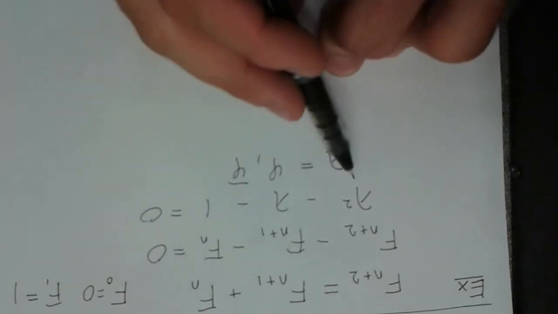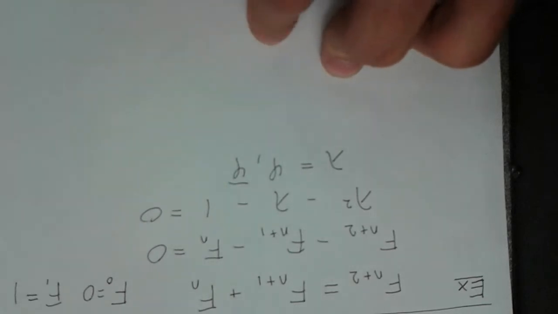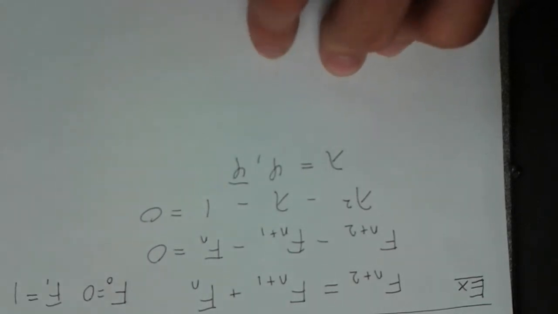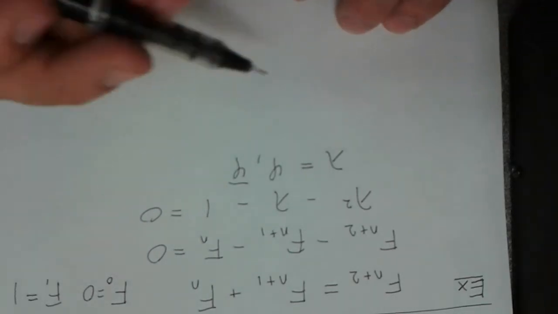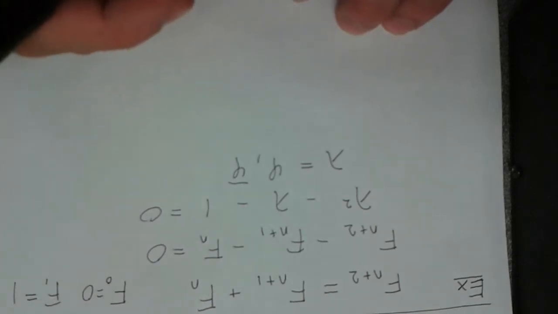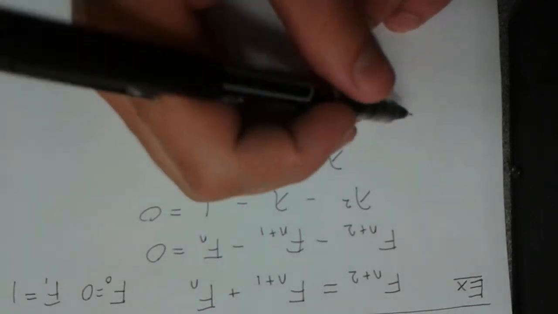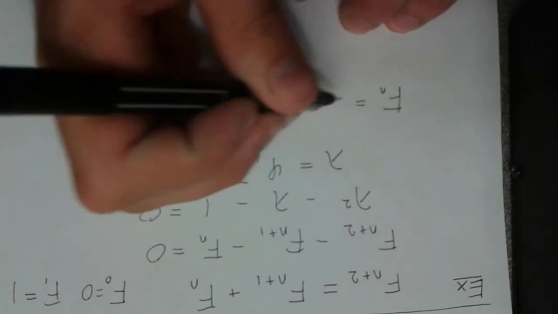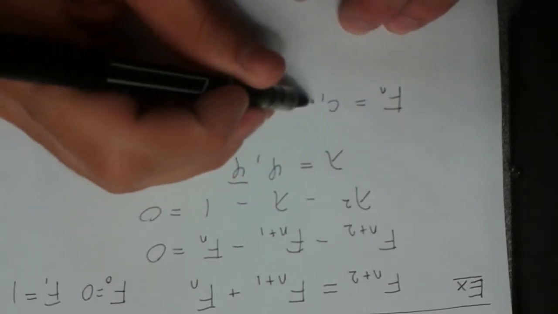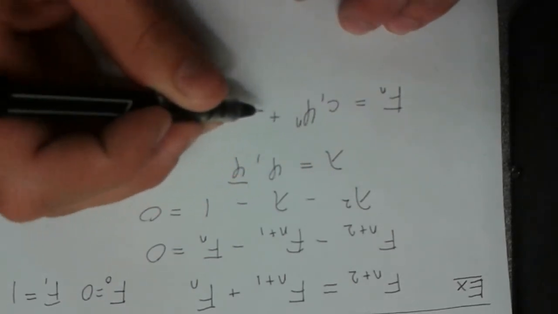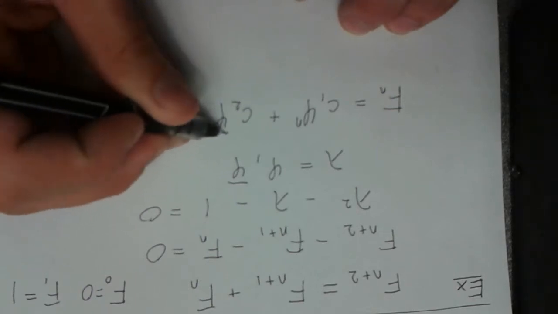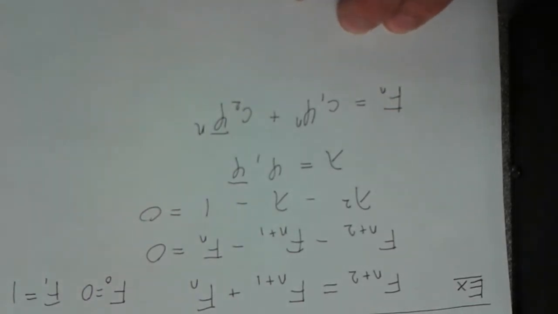And if you don't know what those are, they're just the roots of this equation. So they're just a couple algebraic numbers. And so using that general solution, Fn must be equal to a constant times the golden ratio to the n, and another constant times the golden ratio conjugate to the n.